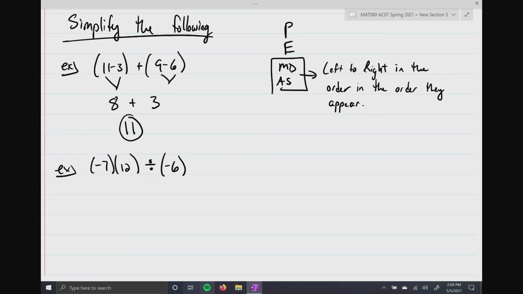Multiplication. I got it. 7 and 12. Excellent, CJ. I got to do the multiplication first. Because remember, parentheses first, exponents second. I don't have any of those here. Multiplication and division from left to right in the order they appear. So -7 times 12 is going to be -84.